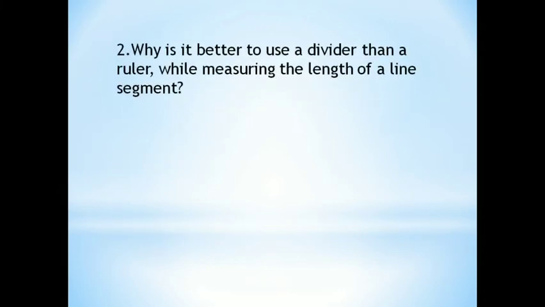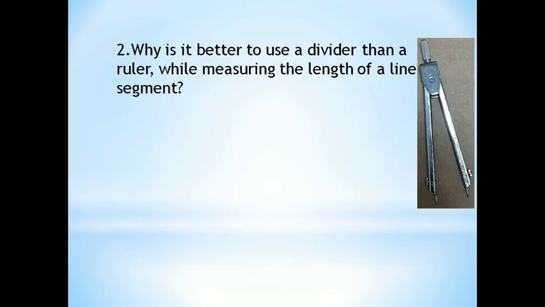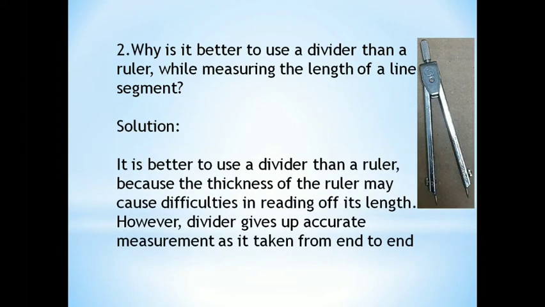Question number 2. Why is it better to use a divider than a ruler while measuring the length of a line segment? Now look here, this is a divider. On both sides you can see the metal tip. And the answer is, it is better to use a divider than a ruler because the thickness of the ruler may cause difficulties in reading its length.